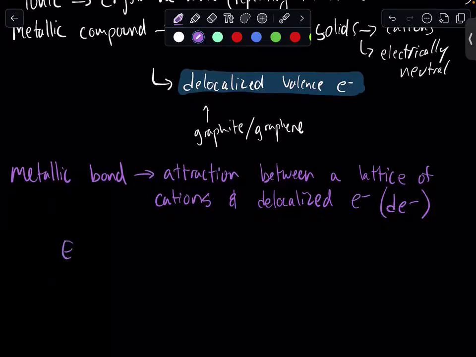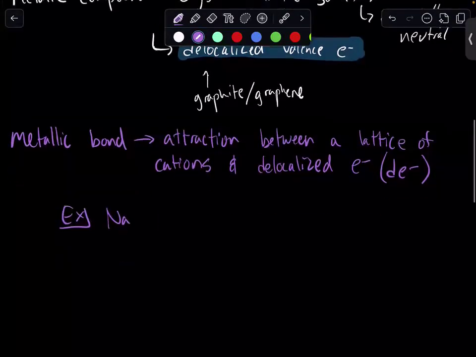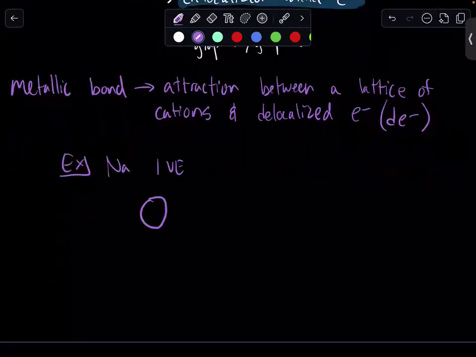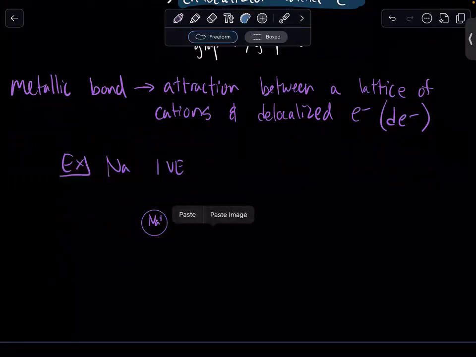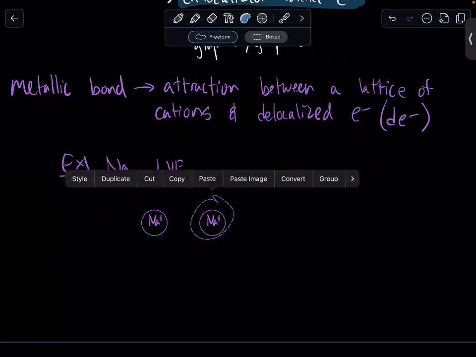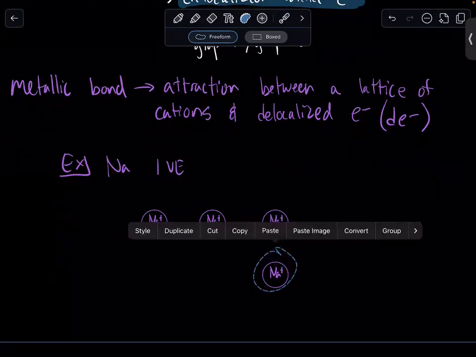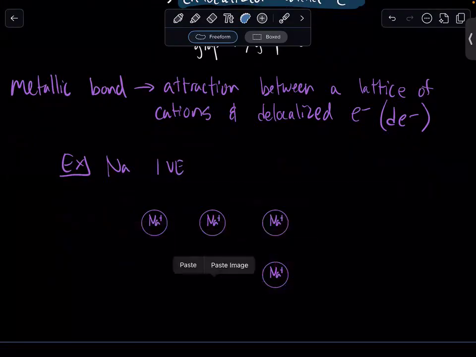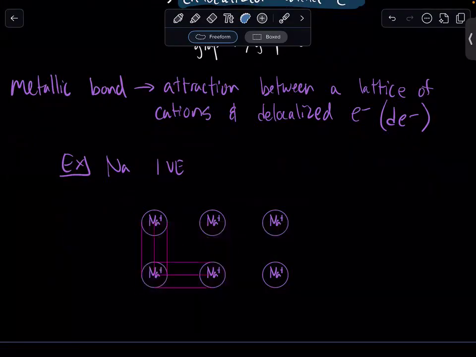If we take an example like sodium metal, sodium is Na, it has one valence electron. And so when we look at sodium, we have our sodium ions, and we'll just put a bunch of these here. And we get this nice, neat ordered structure. So we'll try and get a full 6.